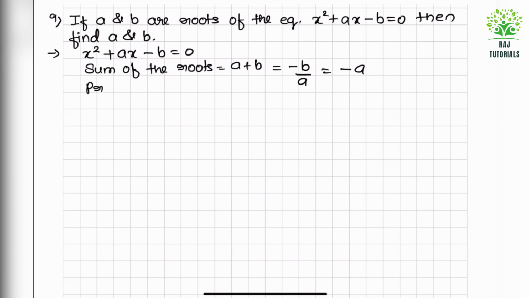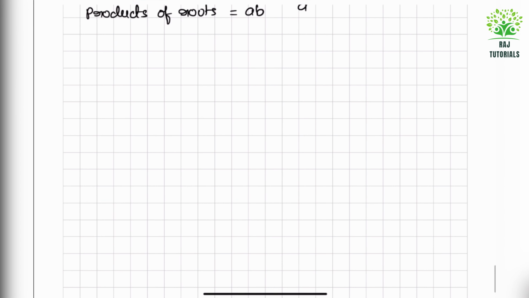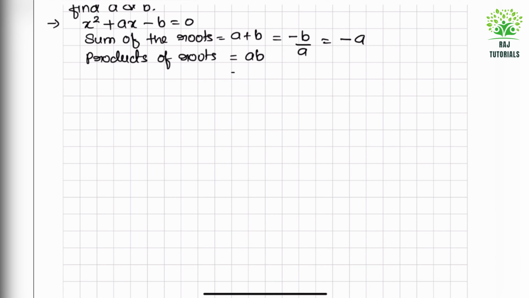Product of roots equal to ab, which is equal to c by a, here which will be minus b.